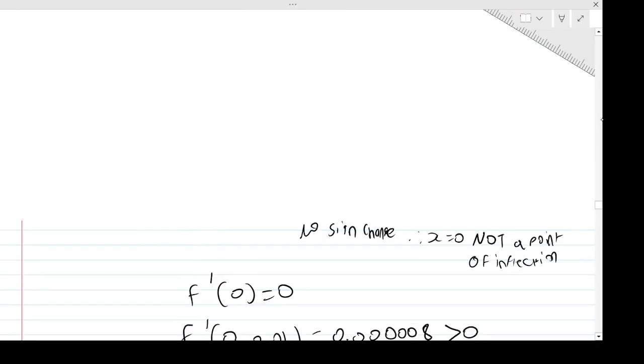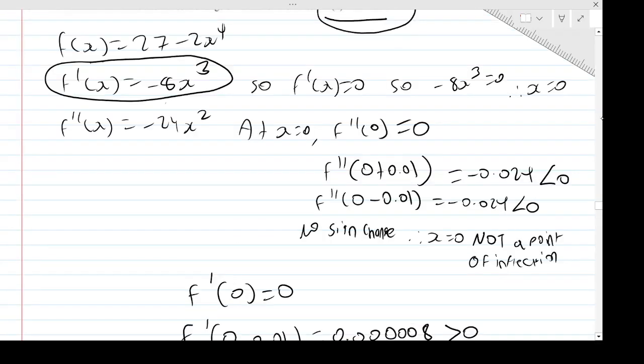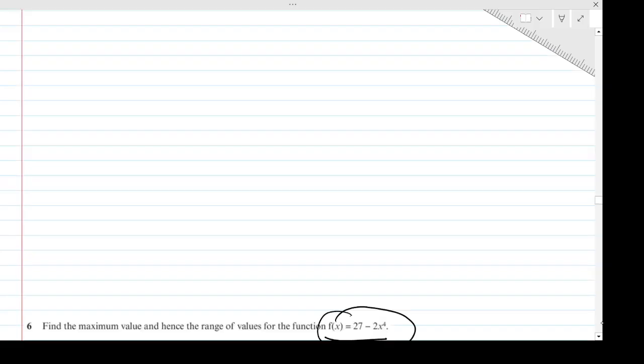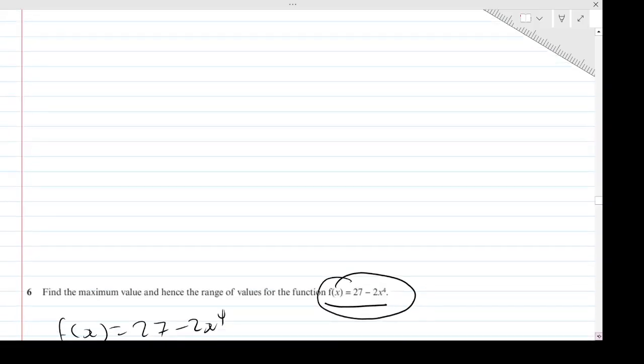And then lastly, it's said to give, what was it, the range of values of the function. So the range of y values. Well, again, if you look at it very briefly, it's a quartic. It's a negative quartic. So it's going to look something like this, right? So obviously it goes to negative infinity.